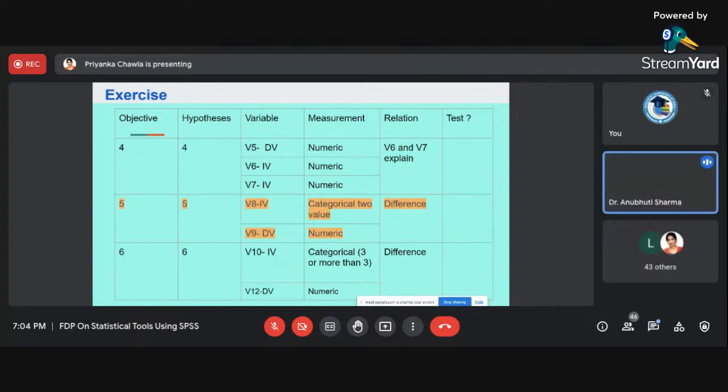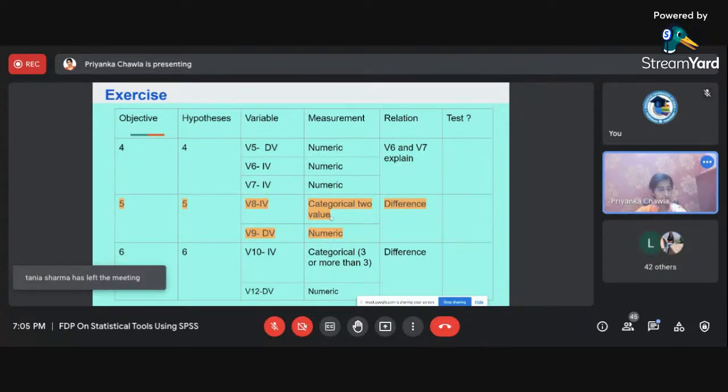Mann-Whitney. If instead of numeric, I use ordinal, then I'll use that Mann-Whitney. But here it is continuous. Continuous means a scale. Numeric means a scale, interval. The dependent variable is interval and the independent is categorical with 2 values, showing the difference between the two.